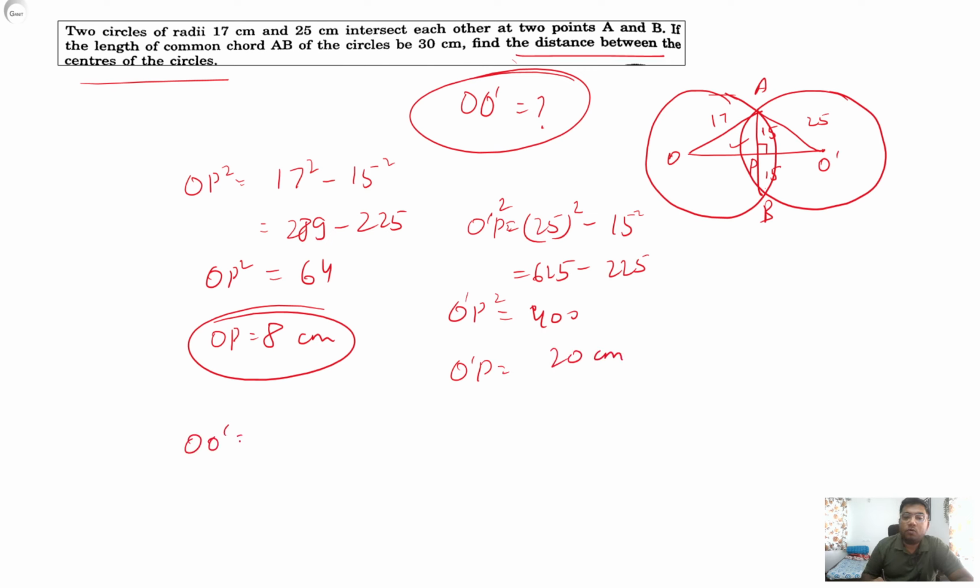Therefore, OO dash is equal to 20 plus 8, 28 centimeter. The difficult part about this question was to figure out the common chord part in your diagram. Usually in questions like this, they will not give you the diagram, so you have to figure out what the diagram looks like. Okay. So this is how we do this question.